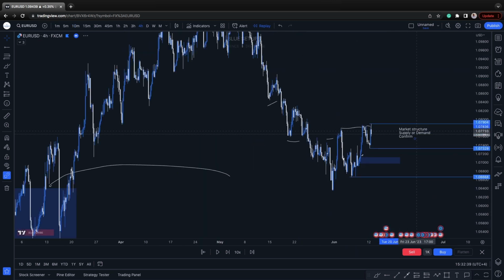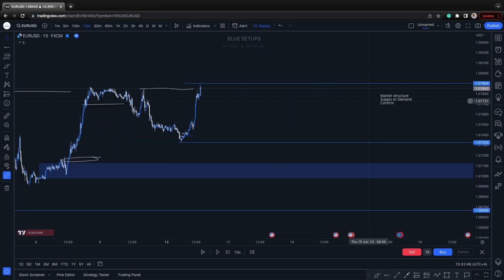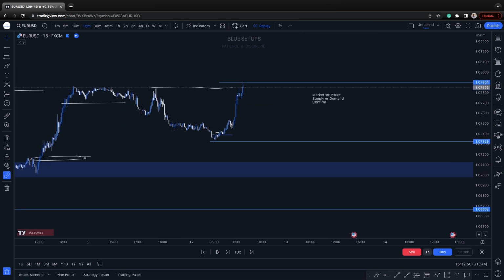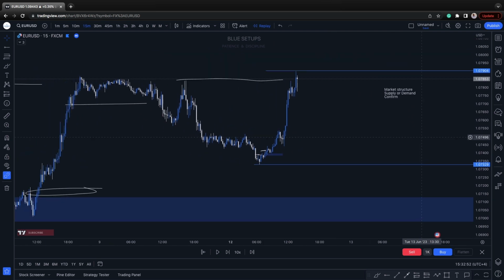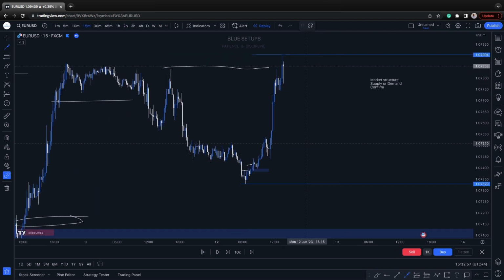This right here. We've already gotten our market structure, and the break is happening right here. The next thing will be for us to find our supply and demand.